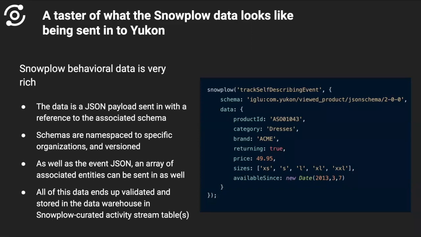If the data is corrupt or it's invalid, then it will be moved into a separate flow, into a bad bucket, if you will, a bad stream for further processing and, for example, for event recovery. So it's very important to Snowplow technology that all of the data that flows through is properly validated, but also that it's possible to recover data that's incorrect or invalid for further processing.